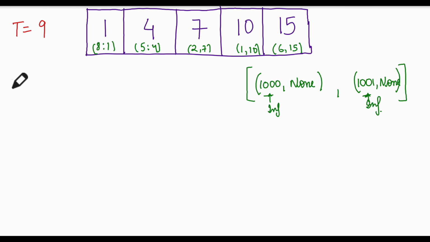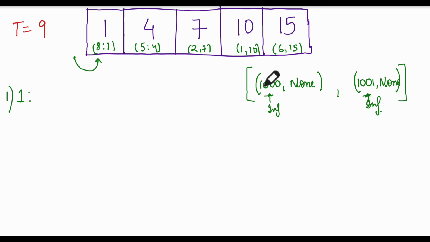Now let us see what I'm going to do. I'm going to start with the element 1. With the element 1, the difference is 8. So when I am at element 1, I'm going to check whether the difference of this element is less than either of these two.